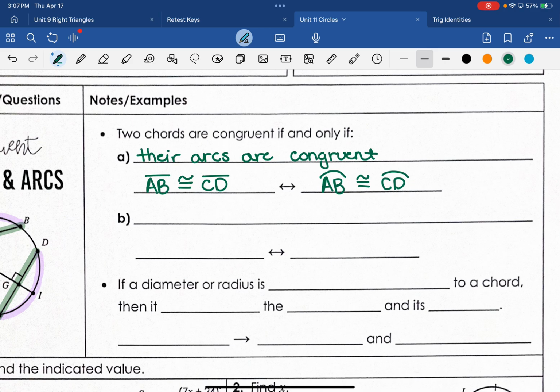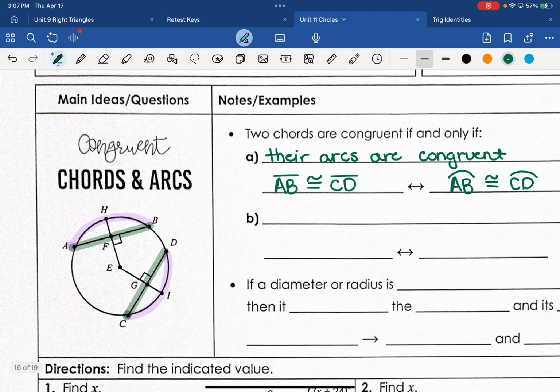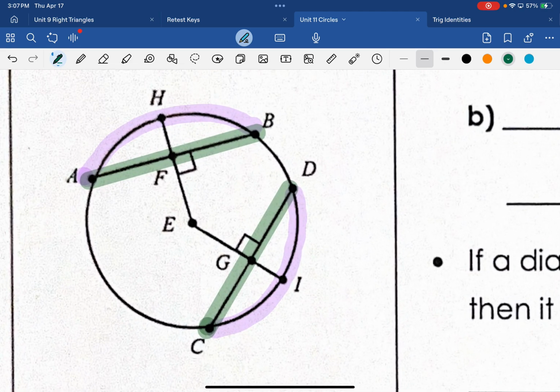The last thing we need to look at, this one is not difficult, but it is a little bit more involved. So if I was looking at the distance between AB, right? We have chord AB right here. What line represents the distance between AB and the center right here, E? FE.